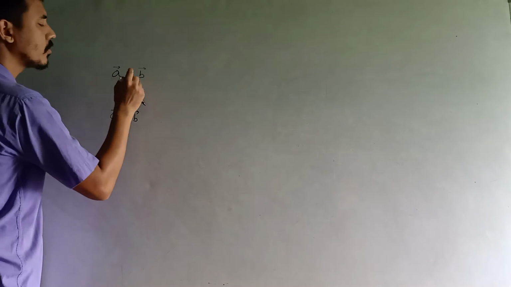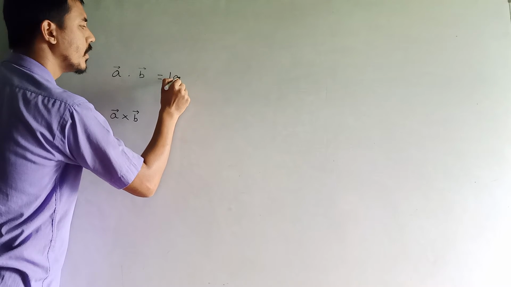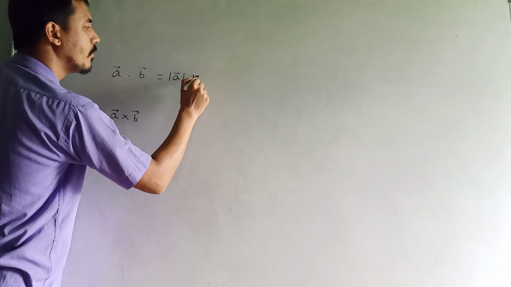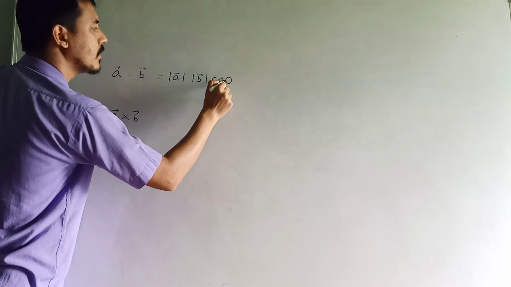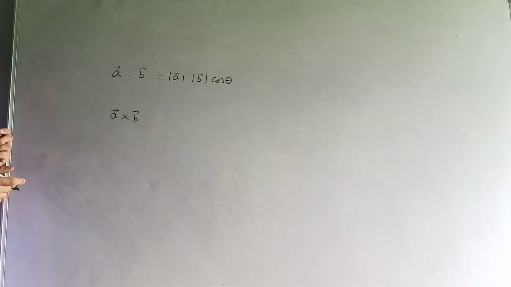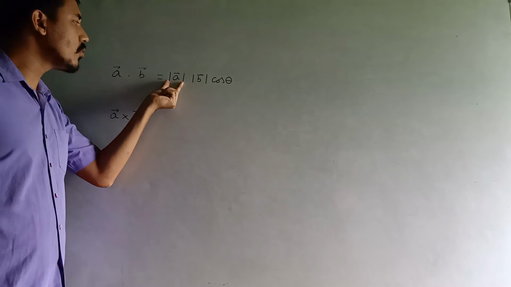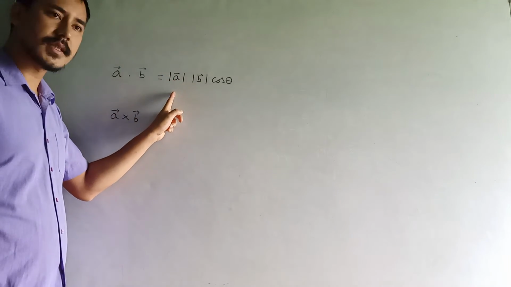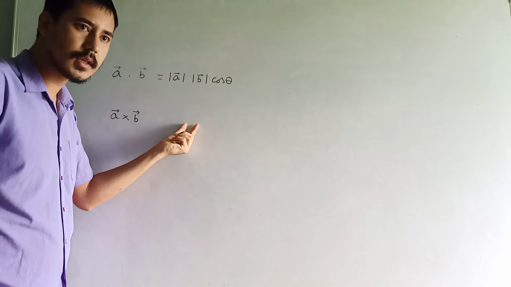Here, A dot B, the dot product of two vectors, is defined as magnitude of A, magnitude of B, with the cos of the angle between the two vectors, right? Magnitude of A is a scalar quantity. Magnitude of B is a scalar quantity.